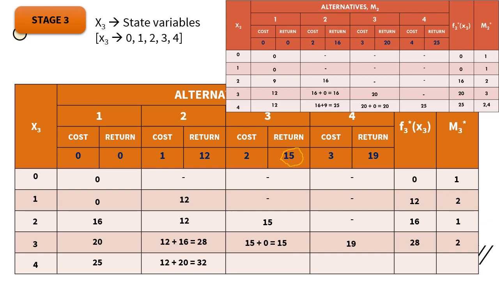Remaining 2 crores in the previous table, I will get a return of 16. So 15 plus 16, 31. Next, if I spend 3 crores here, I will get a return of 19, as indicated here. And remaining 1 crore, I will get 0, so it will be 19. So the best value is 32, and the best alternative is 2.